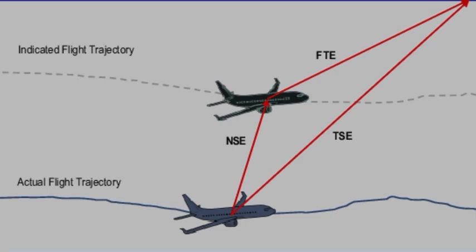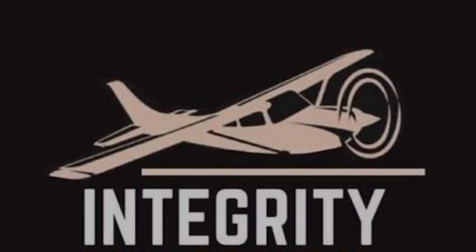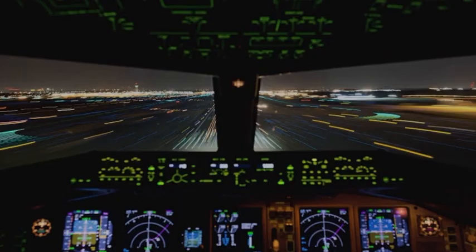In case of the integrity, are they trustworthy? Can we trust them or not? In case of continuity, we need them to continuously provide us the data and the information related to the route that we are flying or to the instrument approach that we are doing. And in case of the functionality, what functions they are performing for us.